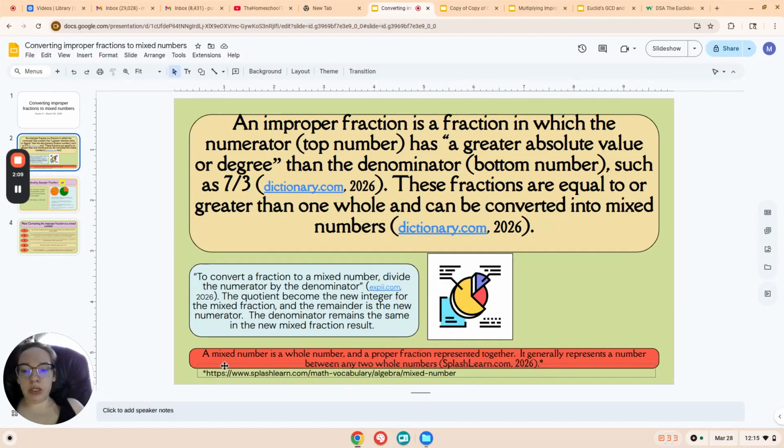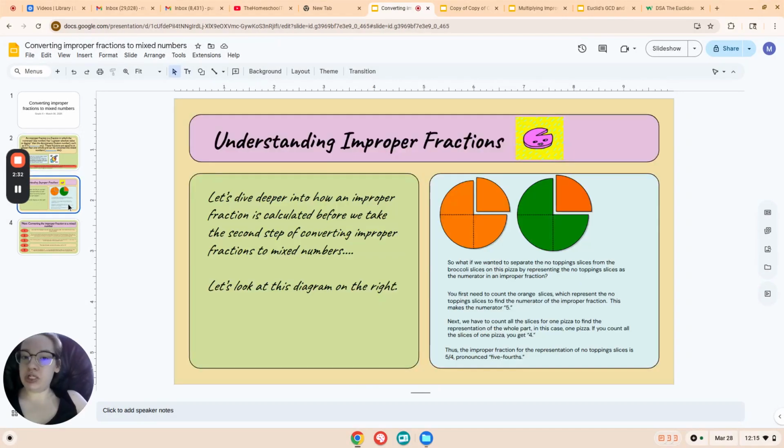A mixed number is a whole number and a proper fraction represented together. It generally represents a number between any two whole numbers. I love that definition. It's a very thorough definition from Splash Learn. Okay, we covered that for improper fractions. Now let's get to understanding these improper fractions.